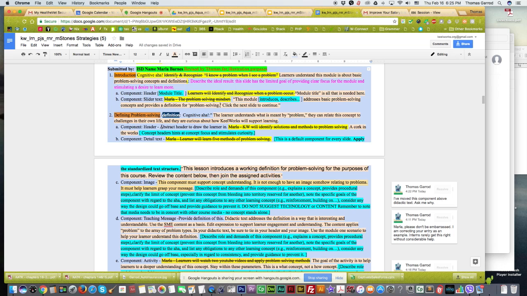The header is an abstract header to draw the learner in, and for an example, here I'm putting in a cork in the works. The detailed text is again very structured for each slide that's a concept slide.